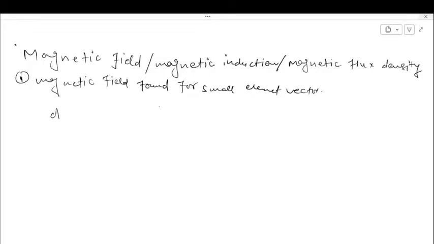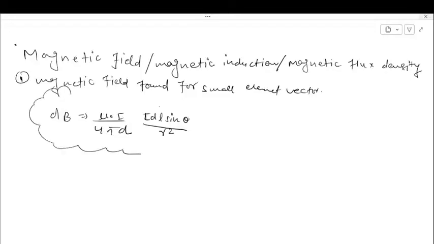This formula is dB is equal to mu naught I upon 4 pi, I dl sin theta upon r square. This is the scalar form.